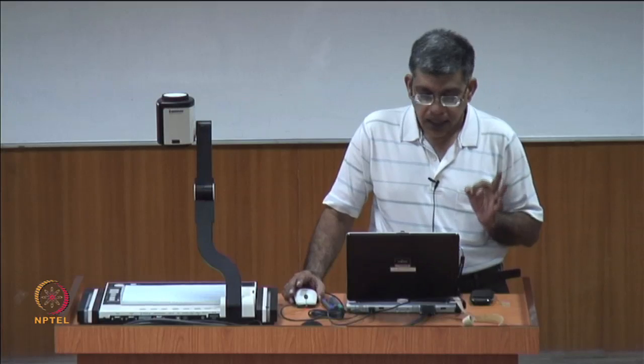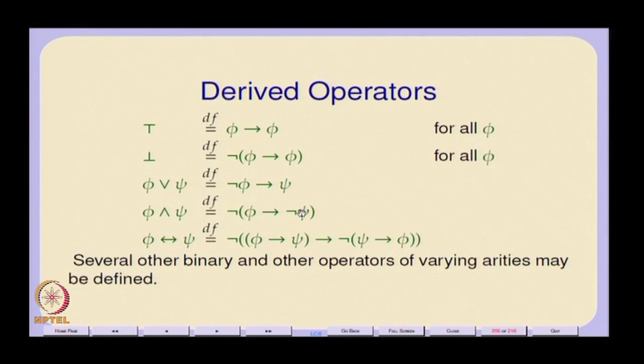Our common and intuitive operators can be defined as derived operators. This is the standard definition for these operators, and for completeness I have given all of them. Since we had this language P naught, essentially we are interested in the language P naught, whereas Hilbert forced us to look at a very small subset of it, L naught.